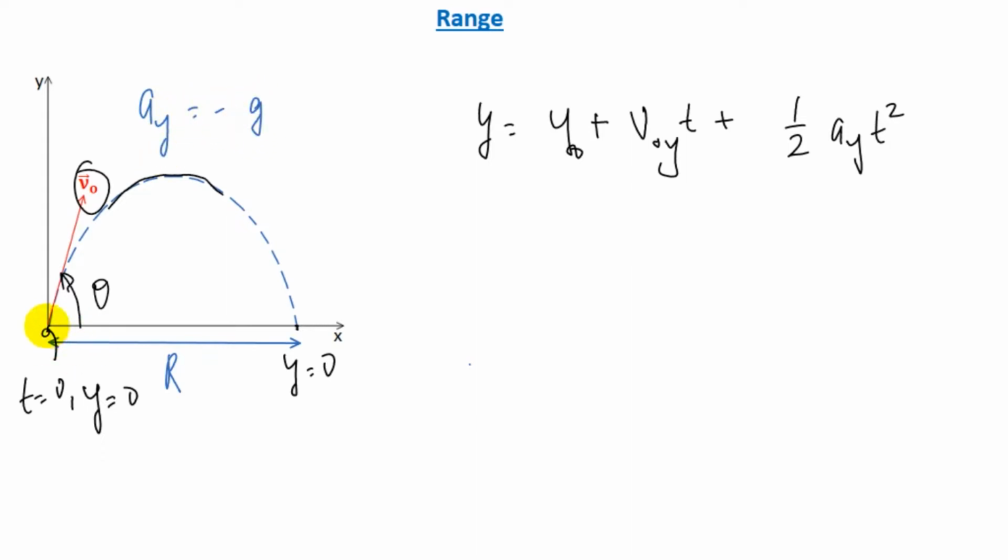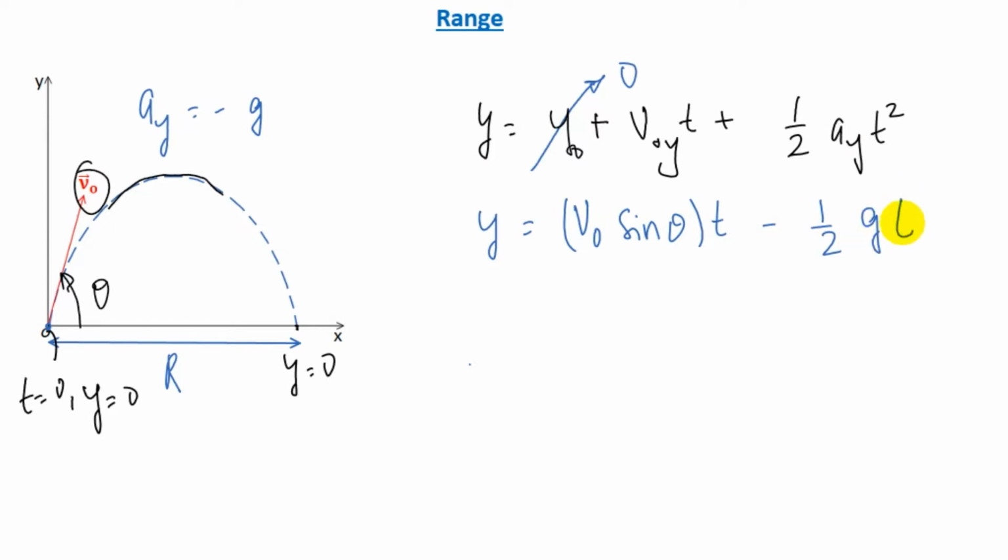Now this is the initial position of the projectile, so y0 is at origin, so this term is 0, so this will be y equals to, now the y component of this velocity will be v0 sine theta, so we can write this as v0 sine theta times t, plus 1/2, now this ay is minus g, so I can write minus g t squared as it is.